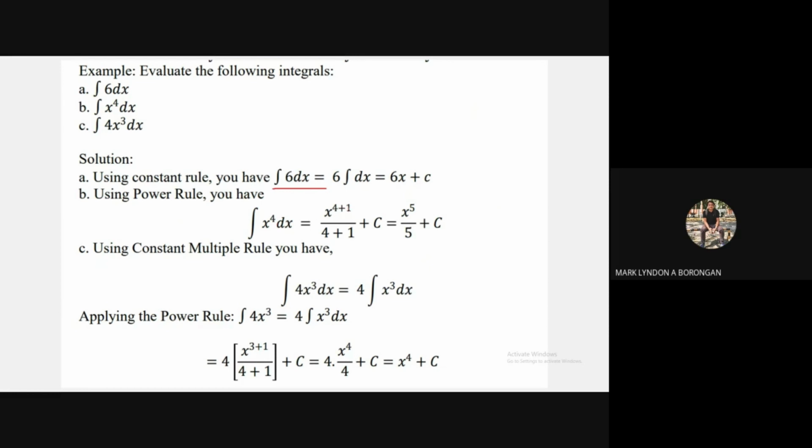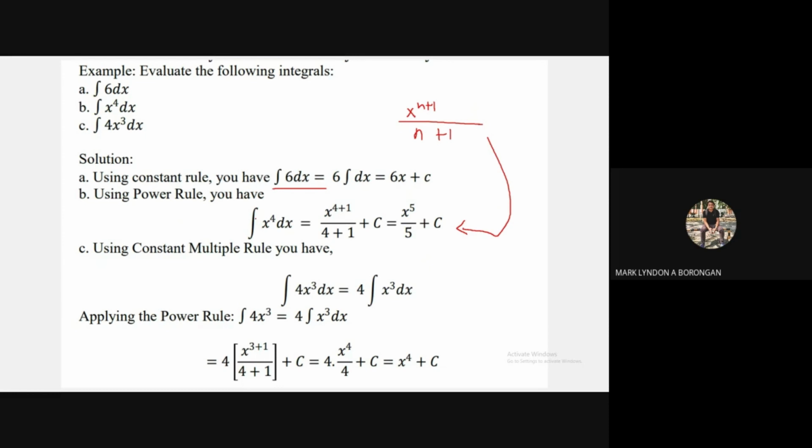Remember last time with derivatives, we subtracted 1. Now we do the reverse, and the exponent is what we use as the divisor after adding 1. The general formula for integration is x to the power of n plus 1 all over n plus 1.